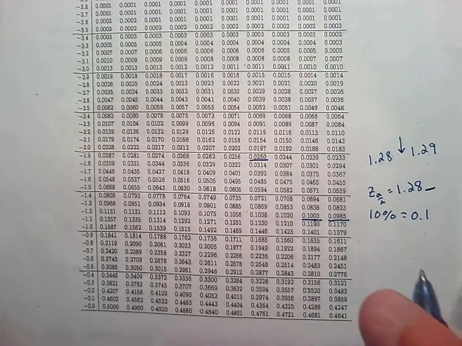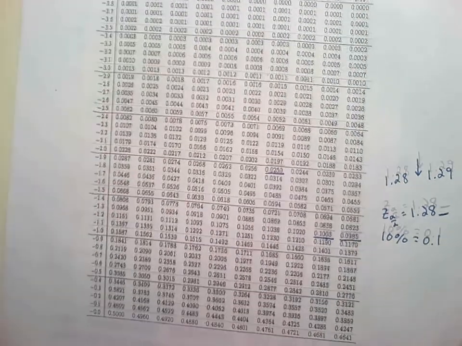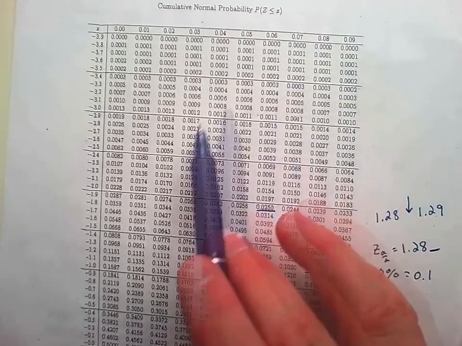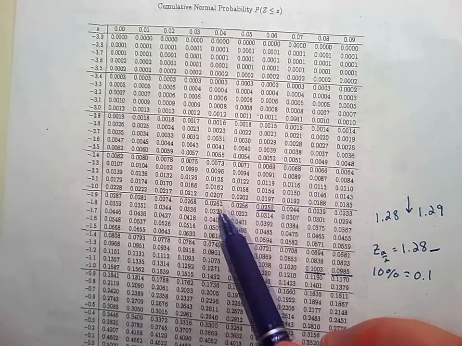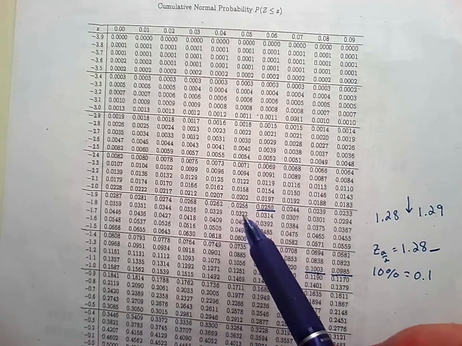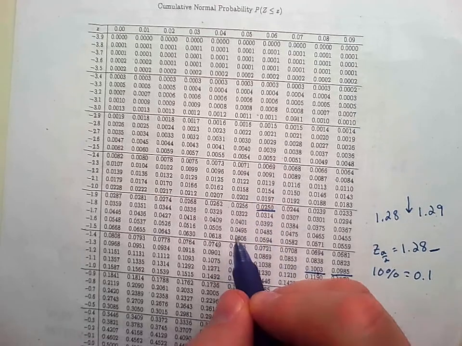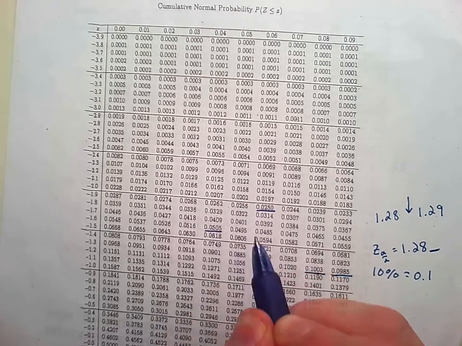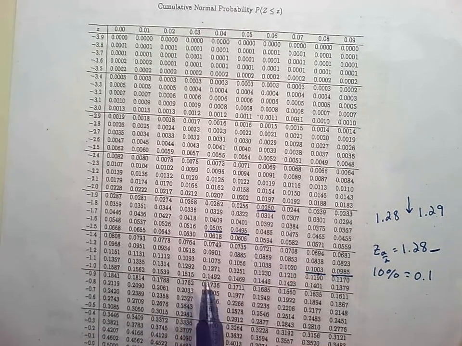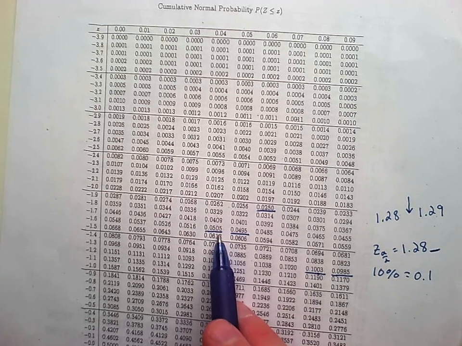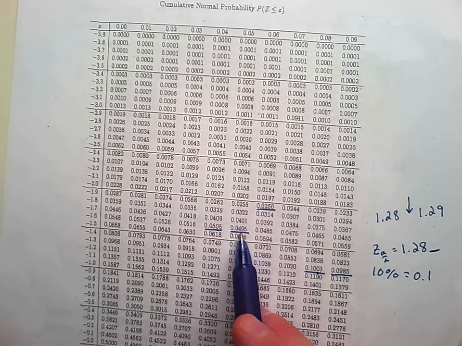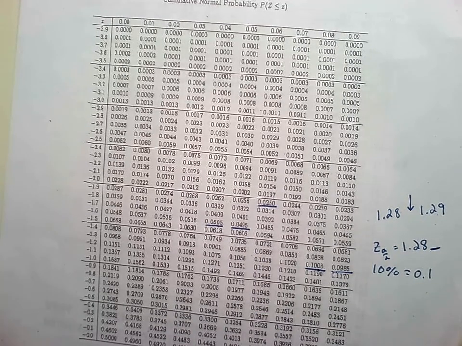Again, the percentages in our z table are what's in the body of our table right here. If we look for 0.05, we're going to see that 0.05 is exactly in between these two values, which are negative 1.64 and negative 1.65.